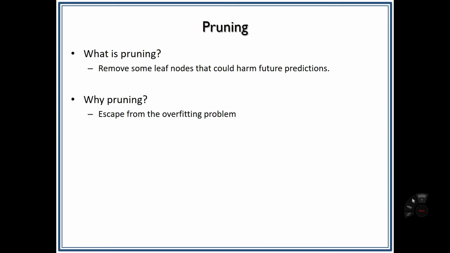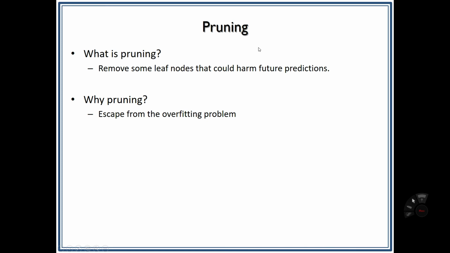So what we have to do as a next step is that we prune that fully grown tree. The name of the step is pruning because we prune the tree. Prune is pruning, right? In Korean, 가지치기.